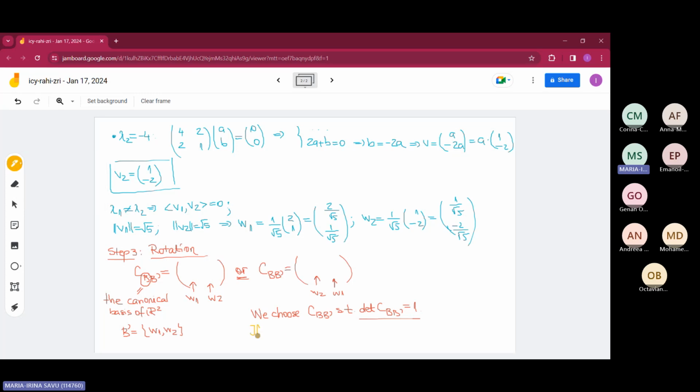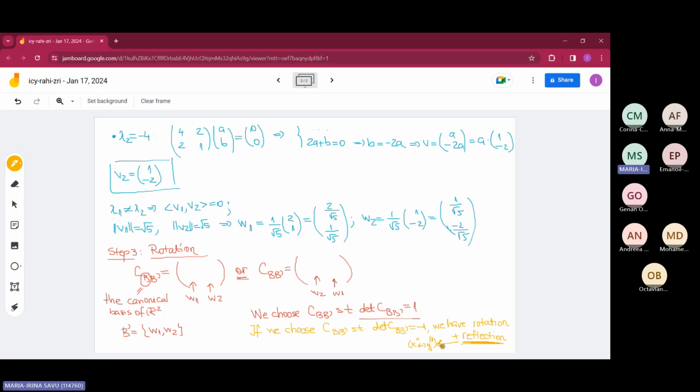So if we choose C_B,B prime such that the determinant of C_B,B prime is minus 1, we have a rotation and a reflection, and having this reflection means that in the end you have to switch x double prime with y double prime. So you have to switch x and y.